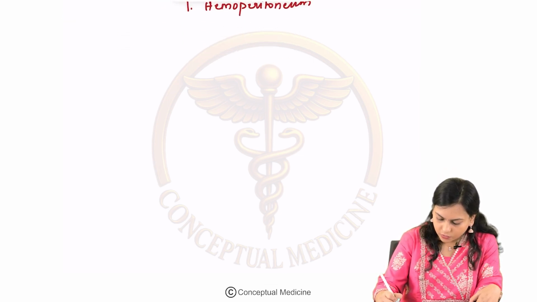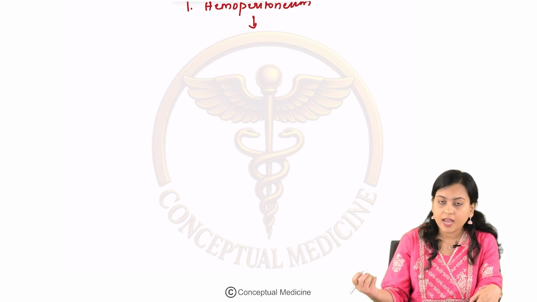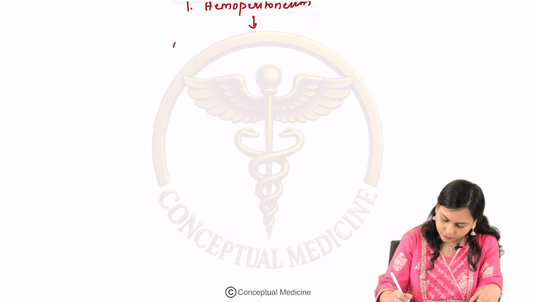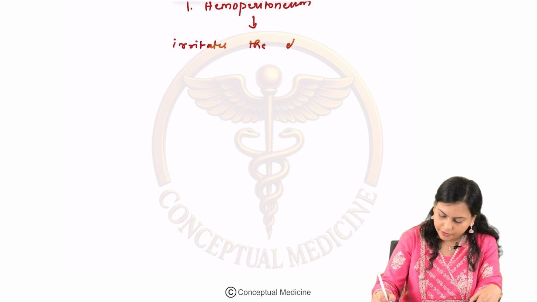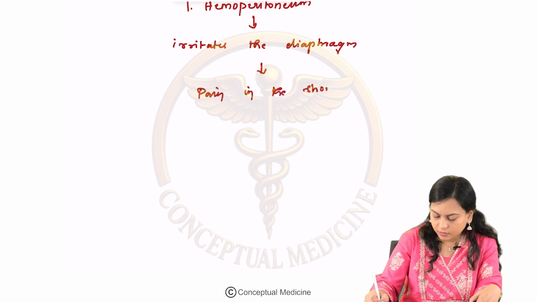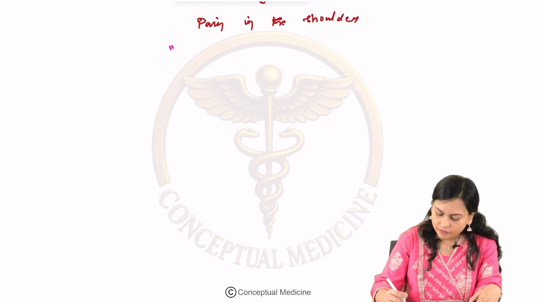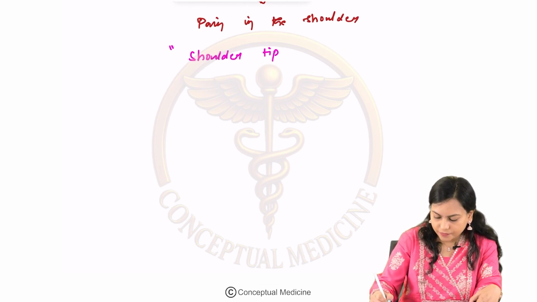This hemoperitoneum can irritate the diaphragm, and it can cause pain in the shoulder. So, this can be called the shoulder tip sign.